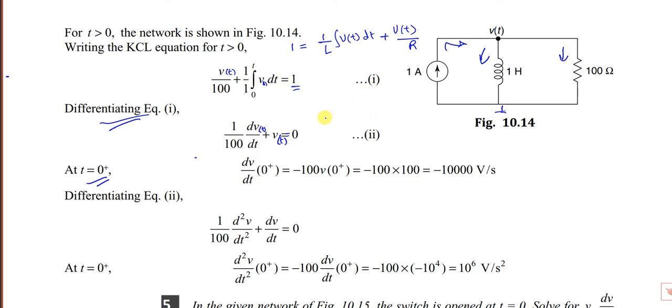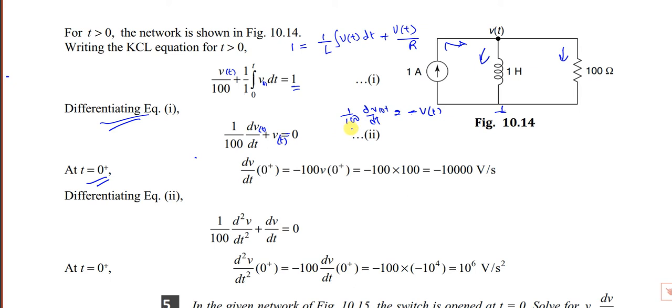So at t equals 0 plus, you are going to get 0 plus 1 by 100 dv by dt at 0 plus. If you bring it to the right side, this is minus v of t.